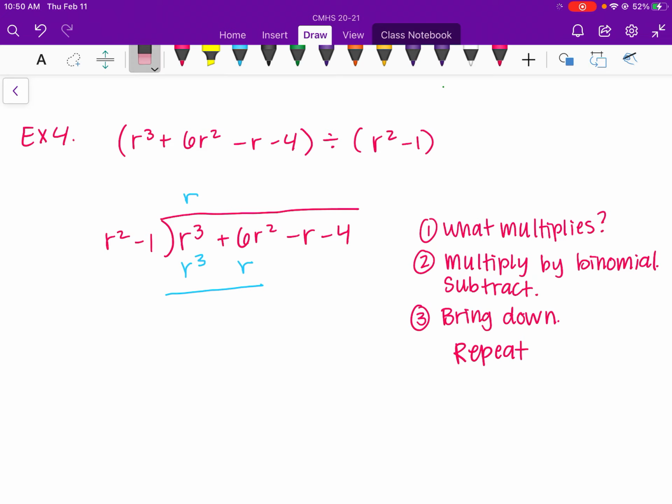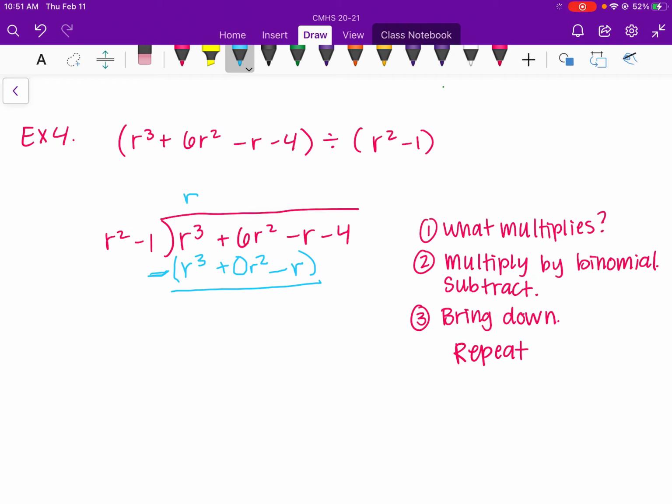So what we need to do is put a 0 here. And then we can put our negative r right here. All right, now let's subtract, because now they are like terms.